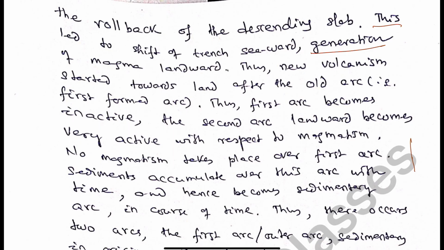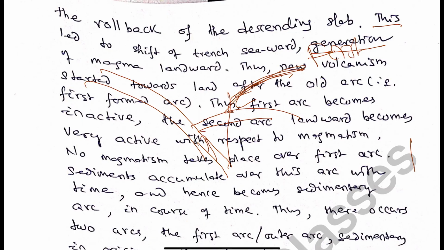Initially the magmatism took place here. So here the arc is produced, the first arc. Now because of buckling, this became like this. So the trench shifted some distance towards this side, and now the plate is like this. So at this depth, melting will be there.